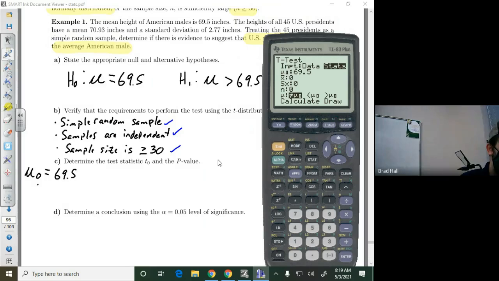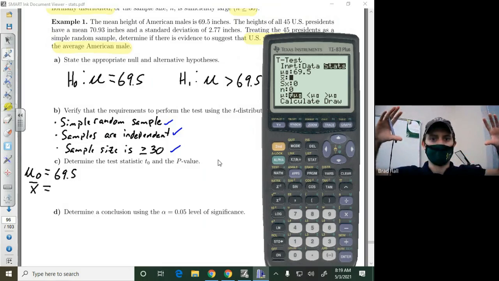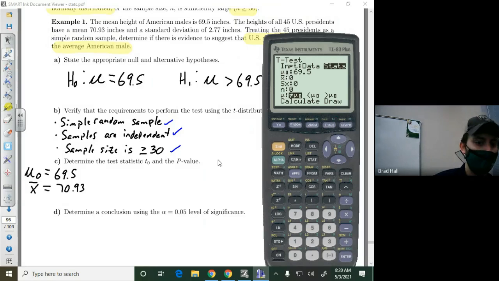X bar, that symbolism means the sample mean. Anytime you take a sample, this is of some smaller group from a larger population. The smaller group is referring to the 45 US presidents. The sample mean from them was 70.93.